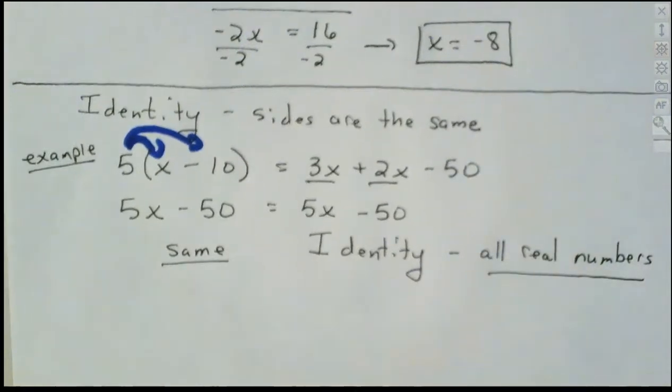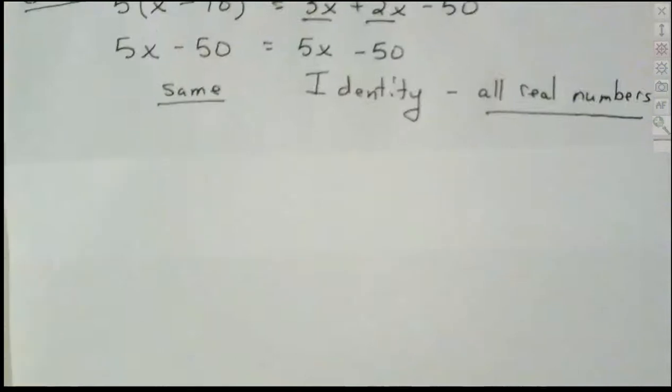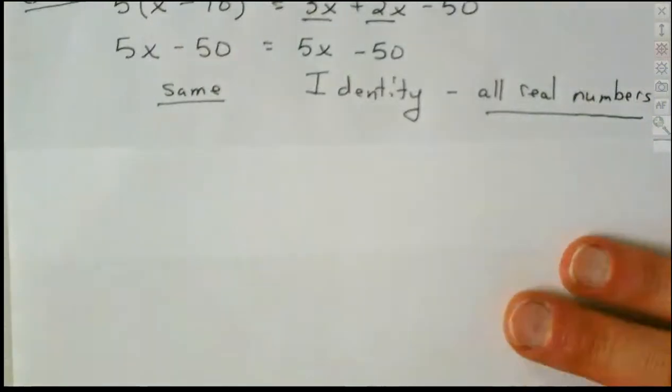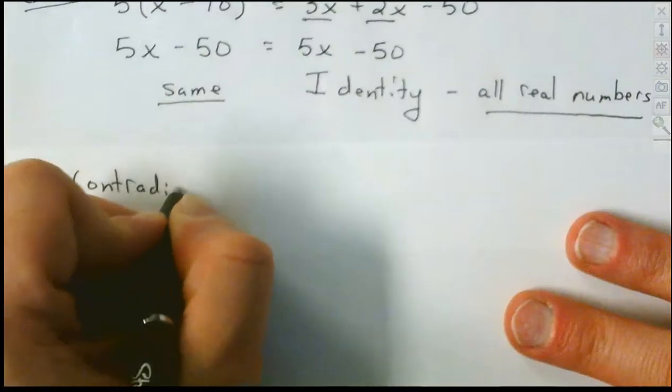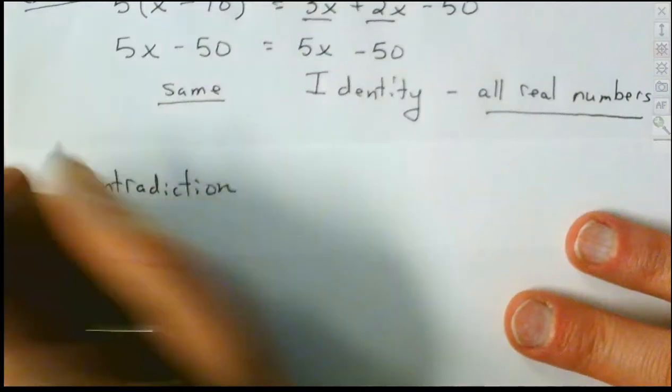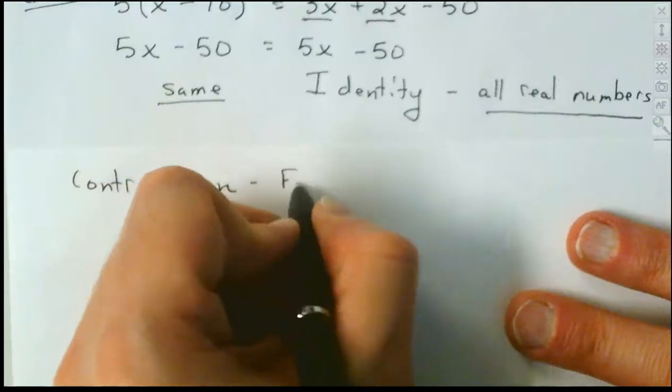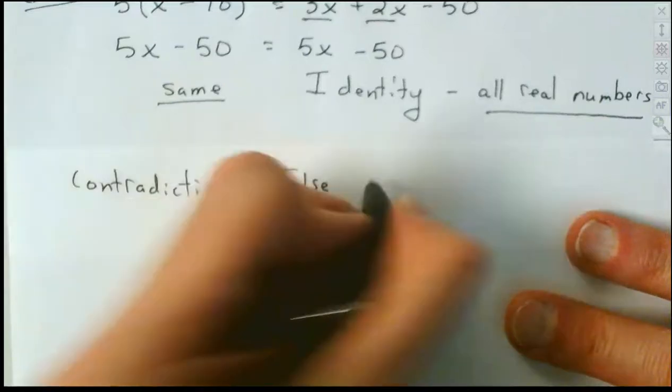The last type of equation is a contradiction. Now, a contradiction is a false statement. So the contradiction is just going to be a false statement.